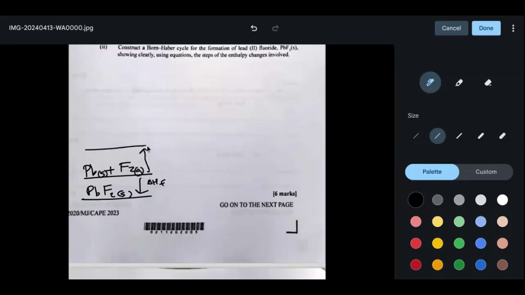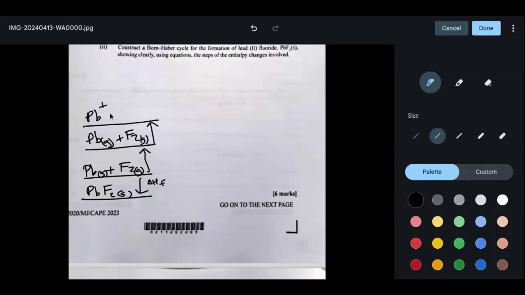And then after this, if you want to atomize fluorine first, that's okay, but I choose to do the metal first. So we atomize lead, and then we do two ionization energies of lead.